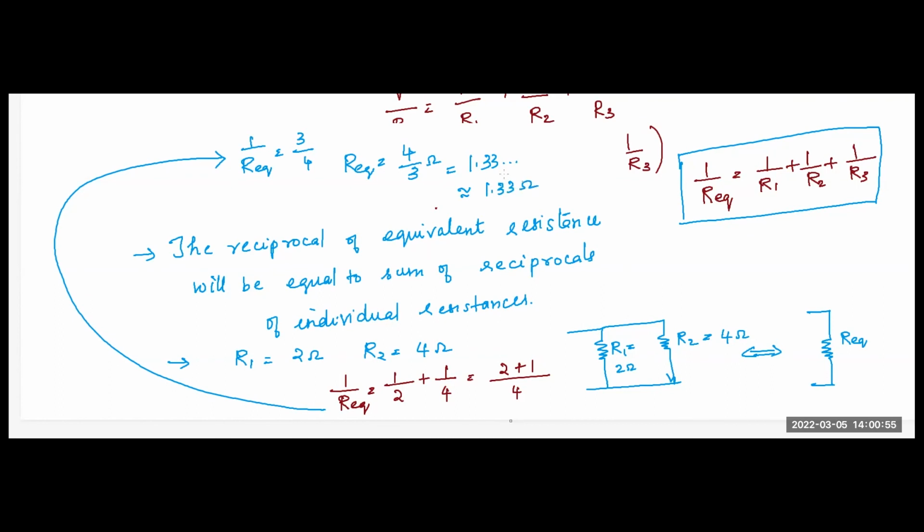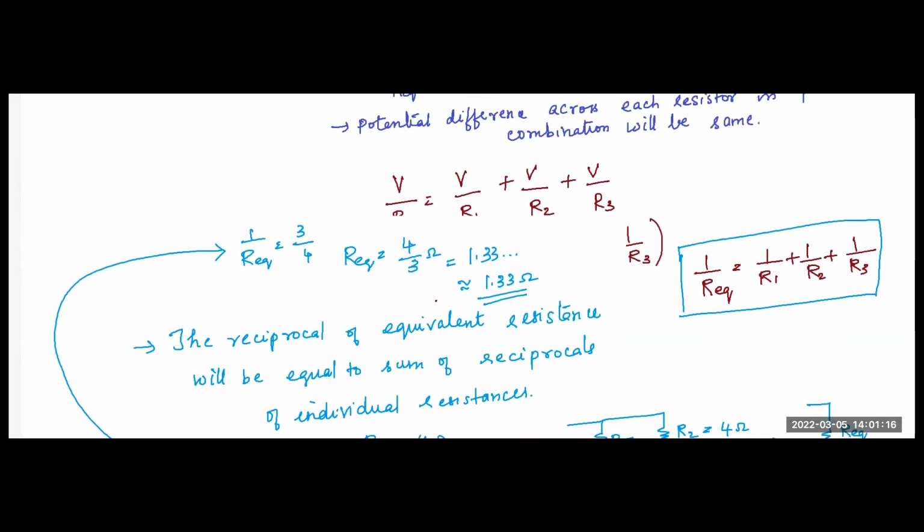So if you consider this R equivalent and compare it with the 2 ohms and 4 ohms, we can see that the equivalent resistance is less than even the smallest resistance in the circuit. So if we want to reduce the resistance in a circuit, we can use a parallel combination.